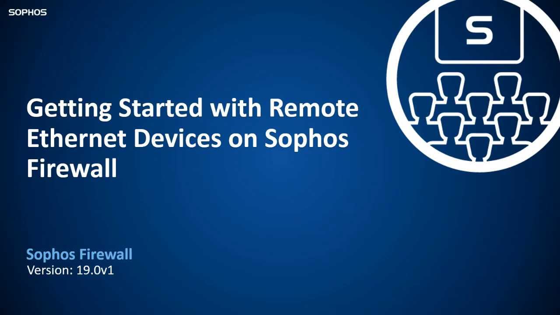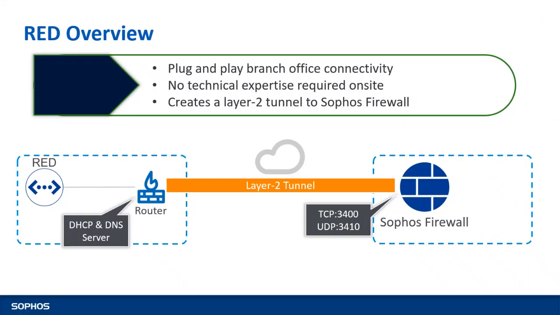About the RED devices, or Remote Ethernet Devices, of Sophos. The RED appliance provides an easy way to securely connect remote sites to a central network by creating a layer 2 tunnel.